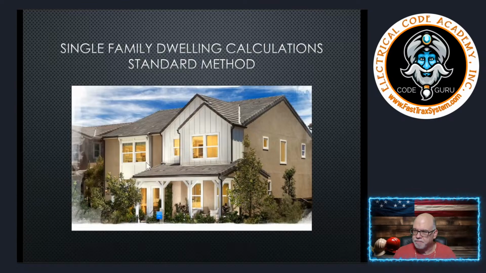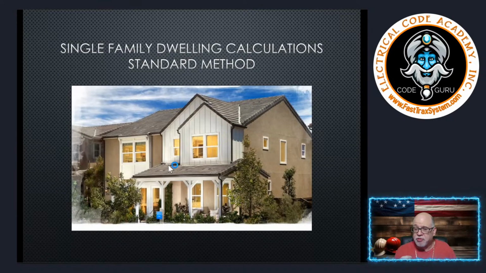Okay, so on an exam, they could ask you anything about a single family dwelling calculation. And the standard method is not going to yield the best result in the real world like an optional method would, right? But in a standard method, they're going to ask certain different things.